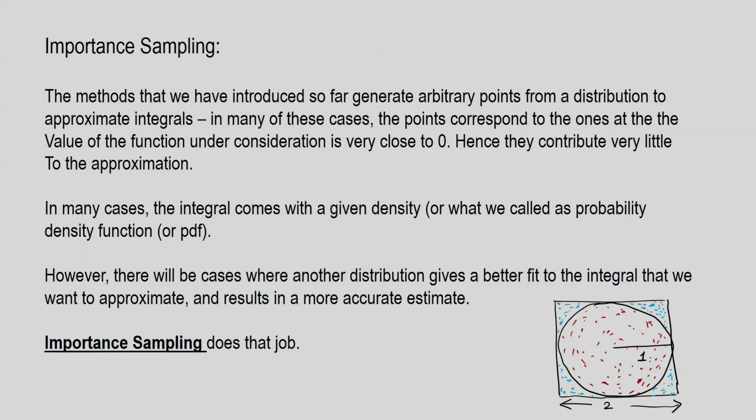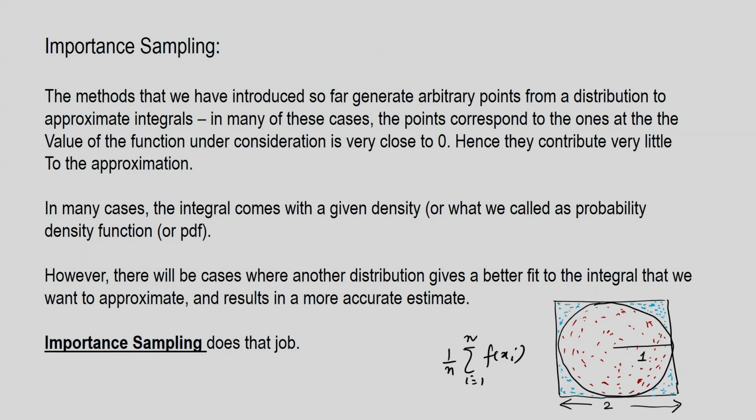The methods that we have introduced so far generate arbitrary points, random points from a given distribution, to approximate the integrals. We have approximated the integrals by simply writing 1 over n, sum of f of x i, for i equal to 1 to n. N is the number of sampling points, f of x i is the value of the function at those sampling points.